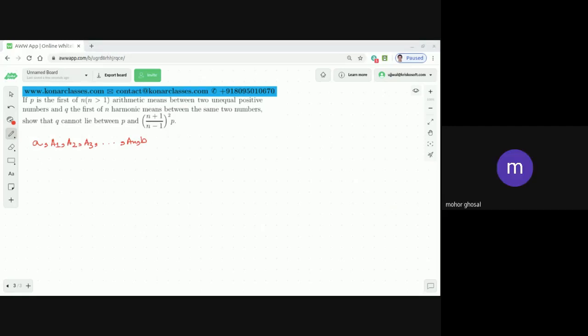Yes, absolutely clear. So now let's assume D is the common difference of this AP. So this is an AP, right? Let D be the common difference of this AP.